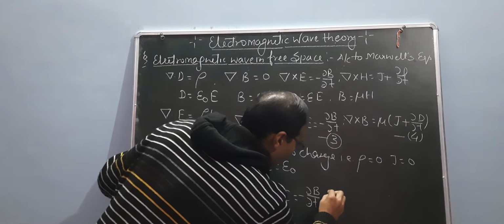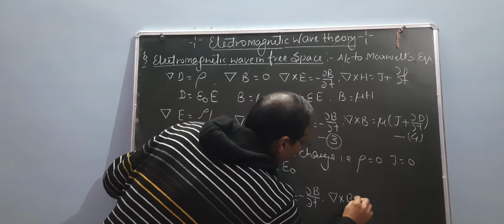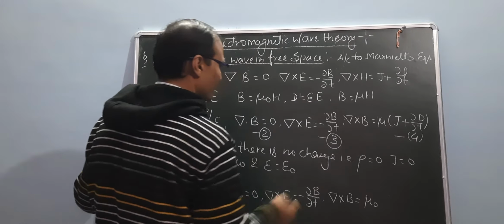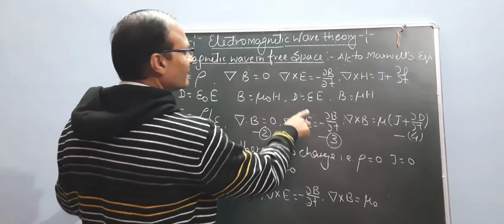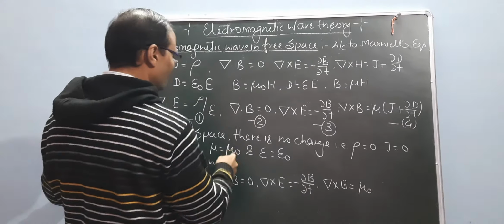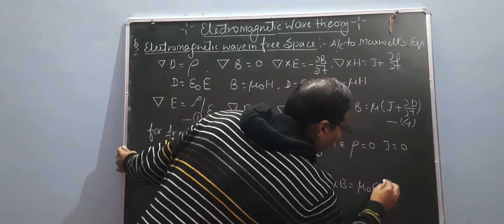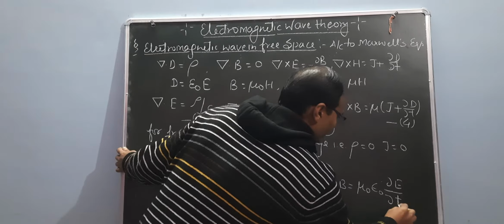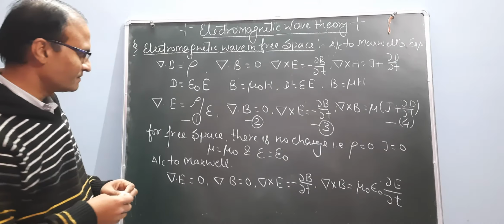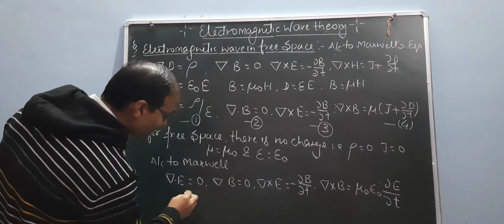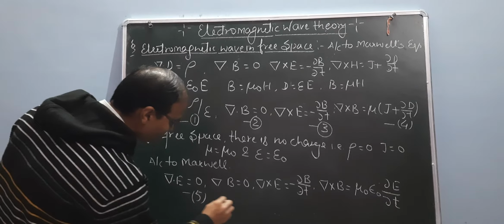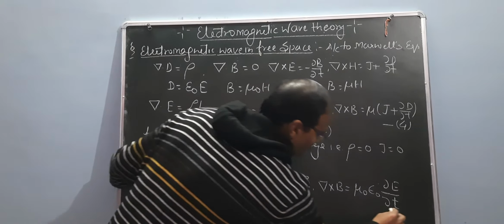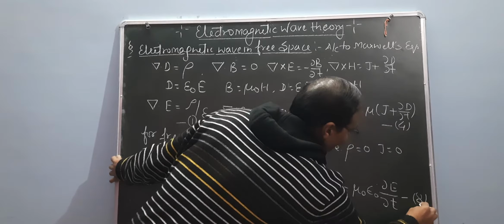So del cross B equal to mu naught, and D equal to epsilon into E, epsilon equal to epsilon naught, then epsilon naught del E over del t. These are the generated four equations. So these equations are 5, 6, 7 and equation number 8.